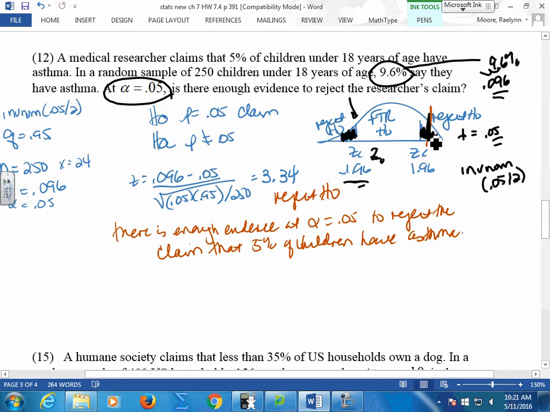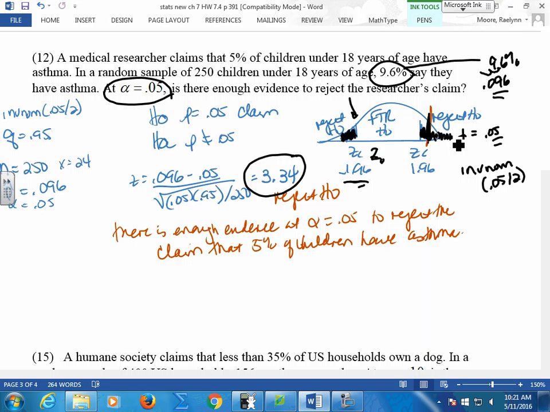Now, if you want to do your p-value with this, since it's on the right-hand side, you're going to look up your area to the right of this, which is really, really close to 0, isn't it? What's the last one on your chart? 3.4, 4.2 or something like that.